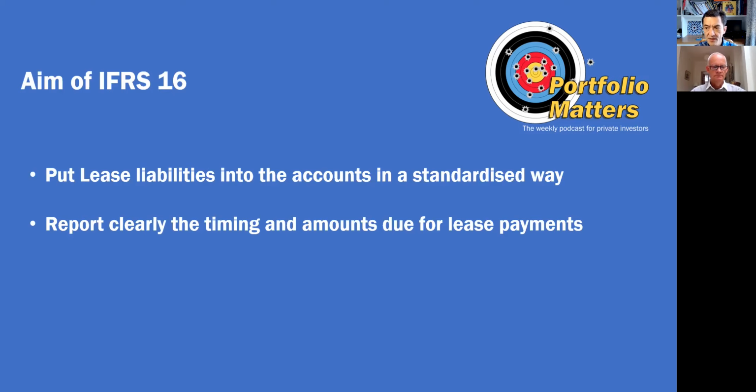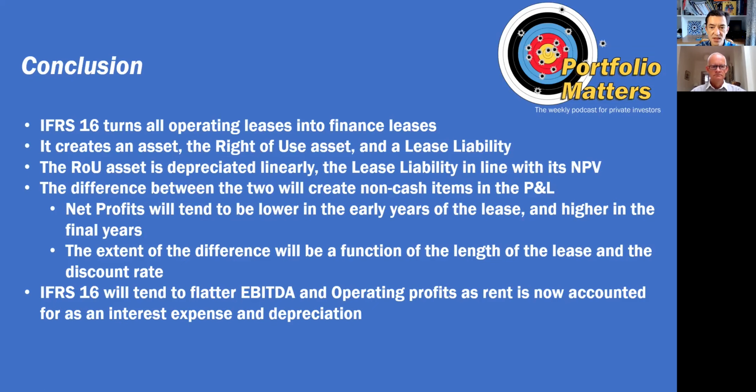Now, what does IFRS 16 do? Well, it aims to put lease liabilities into the accounts in a standardized way and report clearly the timing and amounts for lease payments. And what you need to know is that IFRS 16 turns all operating leases into finance leases, and it creates on the balance sheet two separate items.